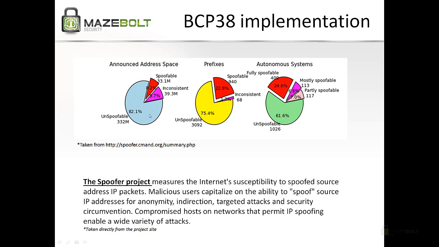We can see here 82% do comply, but the fact is that 33 million network ranges are actually susceptible to having spoofed packets sent from them. So an attacker doesn't have to look that hard to find out where those addresses are, and all he would have to do is place a machine in one of those address spaces to perform the attack. One of this section here, that is.